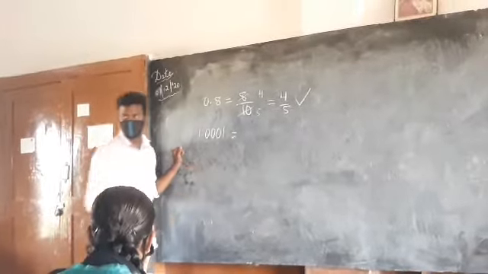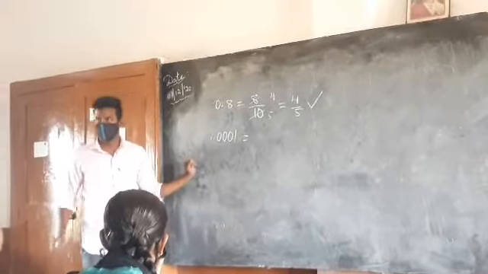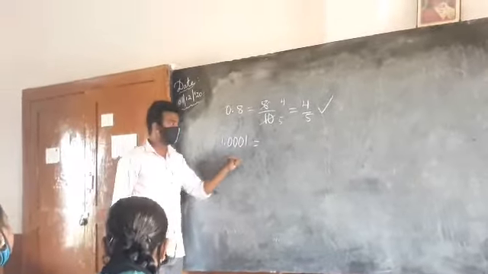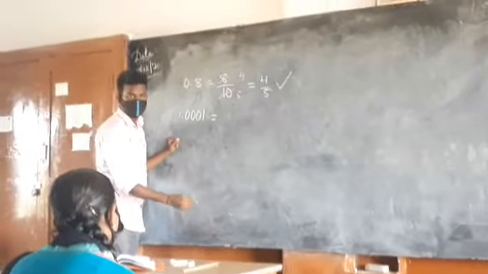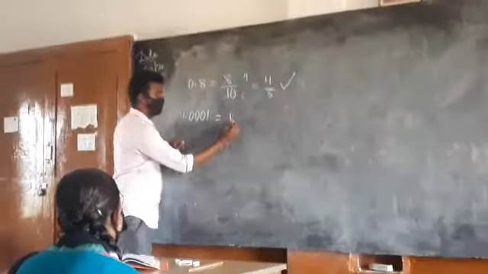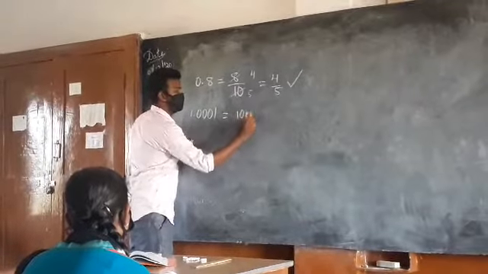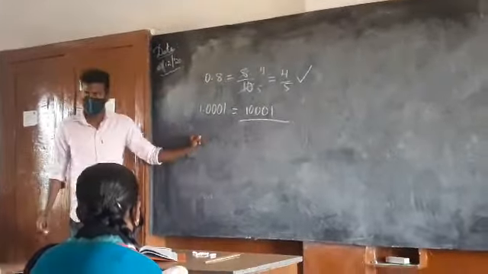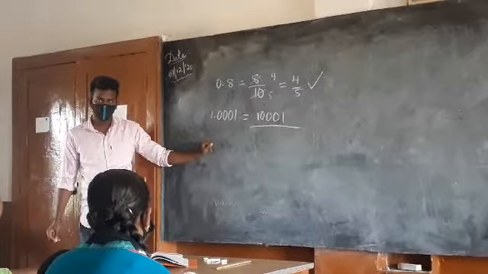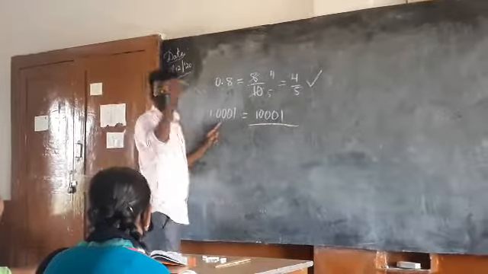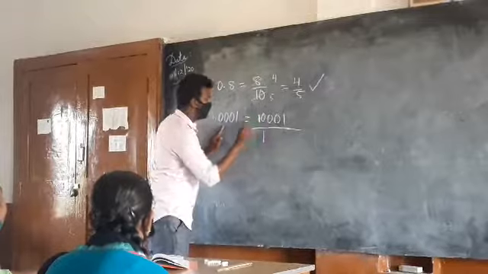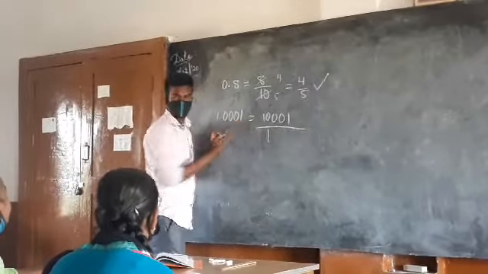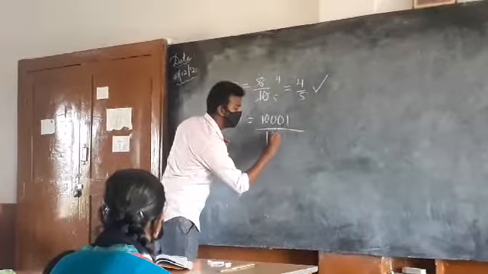Similar thing you need to do. Write the number as it is in the numerator. What would be the numerator? 0001. Denominator? Why? 1, 2, 3, 4 zeros, that is 10,000.